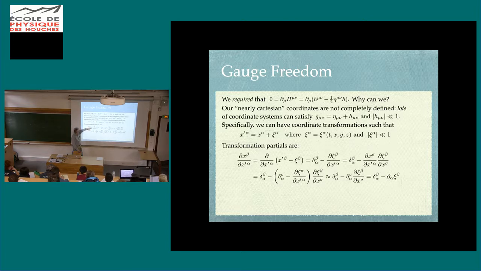And so if I'm going to do the transformation partials, I try and figure out what these derivatives are, taking the derivatives with respect to the new coordinate. So I'm working out what this is, and the derivatives with respect to the new coordinate are basically, well, I've got this is just the identity coming from that.